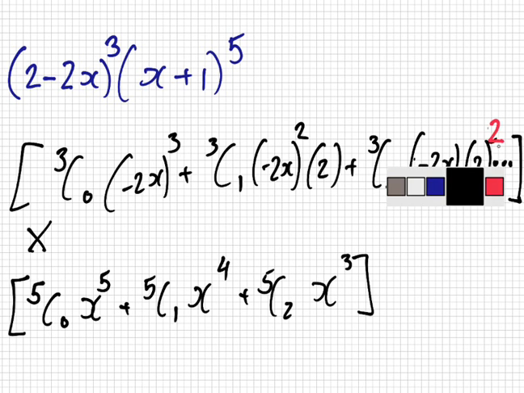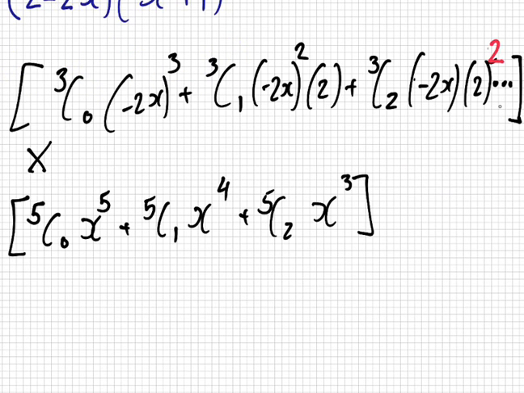Okay, calculators now. The first one is minus 8x cubed. And then this one here would be 4 times 2 is 8, times 3, 24x squared.